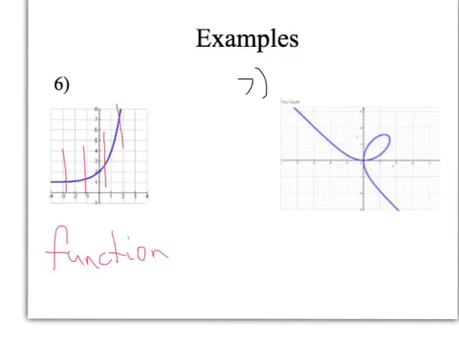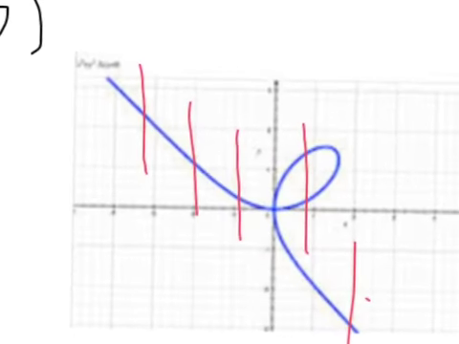Okay, if I do the same thing over here and draw my vertical lines, if I look at how many times my blue line intersects my red line, here it only intersects one, but when we get to right here, I'm going to zoom in on it. When we get to right here, the graph touches my vertical line 2 times.